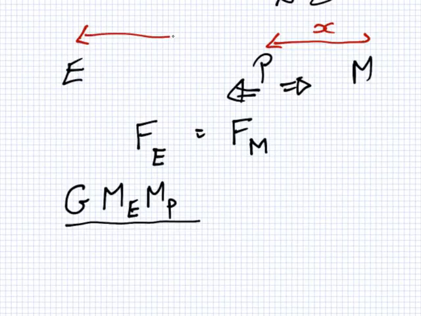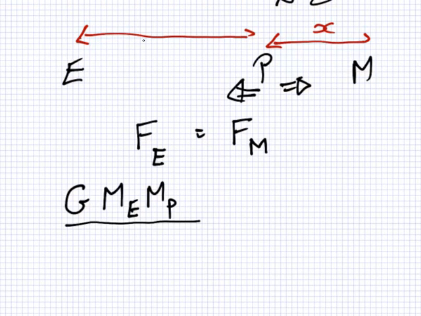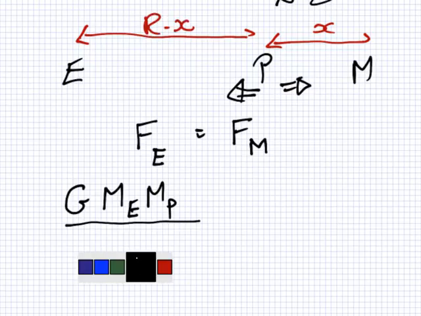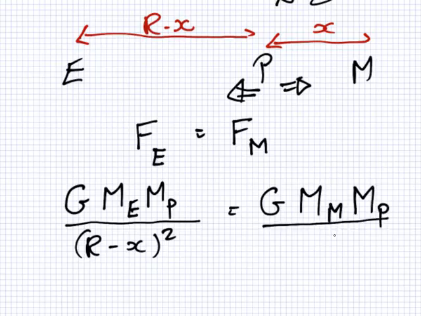And if the total distance we call r, then how much would this distance be? It would be r minus x. So here would be r minus x squared. That equals G, mass of the moon, mass of P, all over x squared.